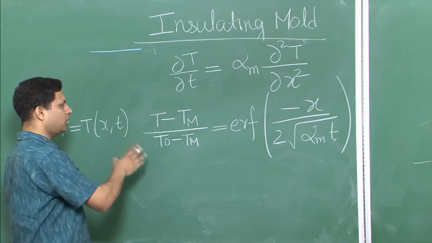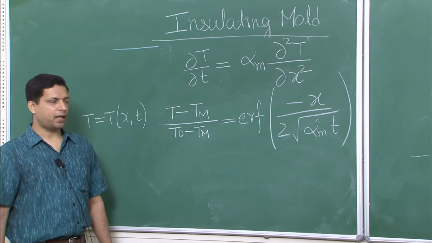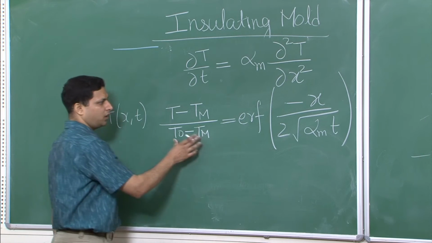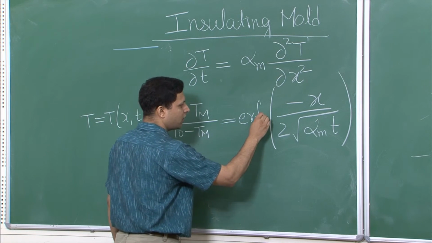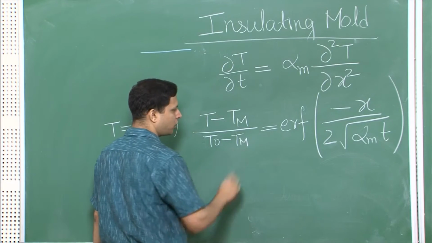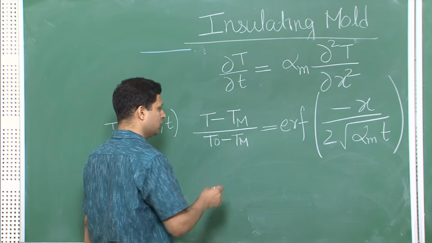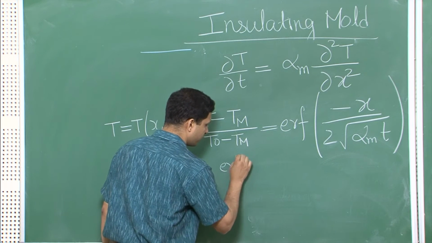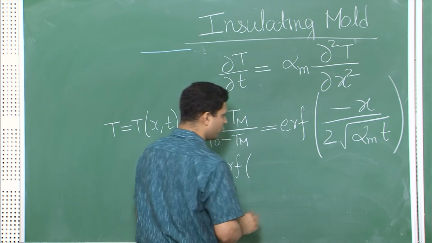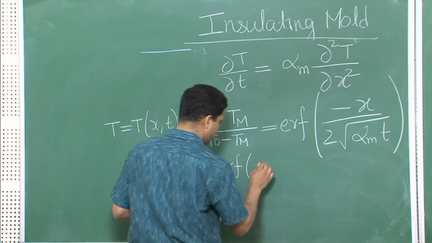So we are able to get temperature as a function of x, which is distance, and time, and this is that equation where ERF is the error function. Since some of you may not be aware of the error function, let me give you some values that you may find interesting.